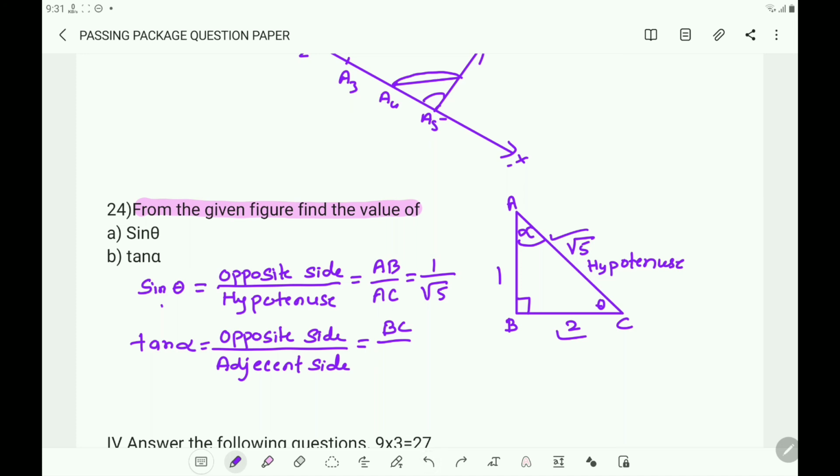That is BC by AB. So what is the measurement of BC? That is 2 units. So 2 by 1, which is equal to 2. In this way you got sin theta equal to 1 by root 5 and tan alpha equal to 2. So you can write, this is A, this is B.